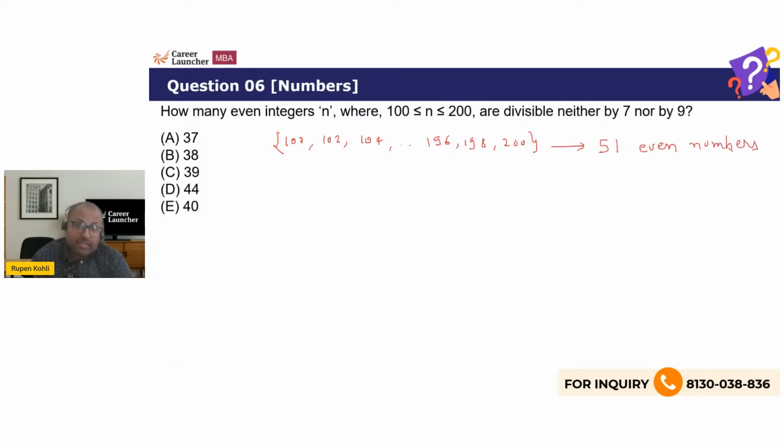In that range, a number which is even as well as divisible by 7 is basically a multiple of 14, right? And a number which is a multiple of 9 as well as even is a multiple of 18. And basically I'm removing the union of those two sets.